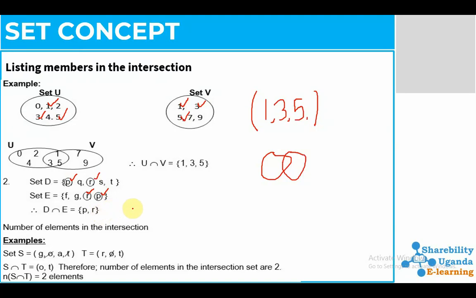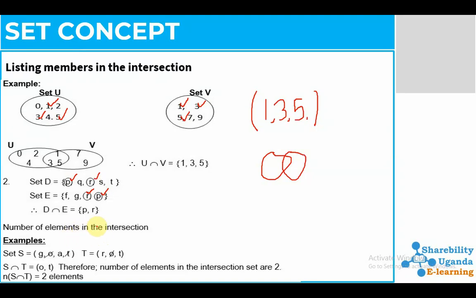If you are asked to list how many members are in the intersection, we shall also be able to see them as we learn. We also have the number of elements in the intersection.